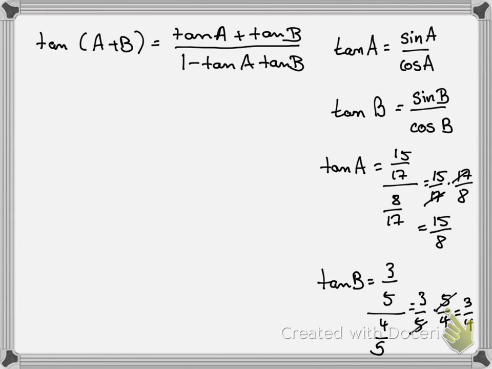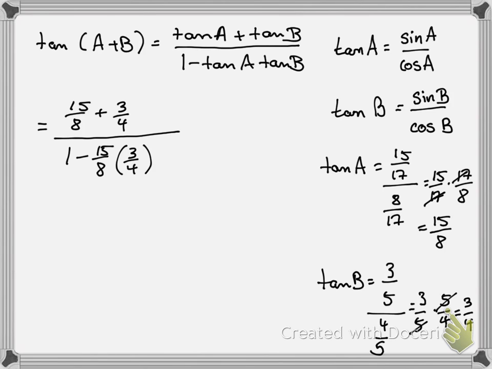Now we're going to plug this into the tangent formula. So the tangent of A plus B is 15 over 8 plus 3/4, divided by 1 minus 15 over 8 times 3/4. So now you have to do some arithmetic or use your calculator. You have to find the least common denominator for the top, which is 8, so multiply 3/4 by 2. So 15 plus 6 would be 21 over 8.